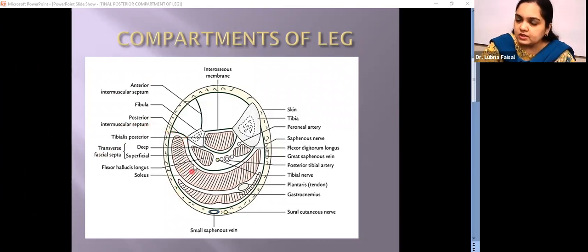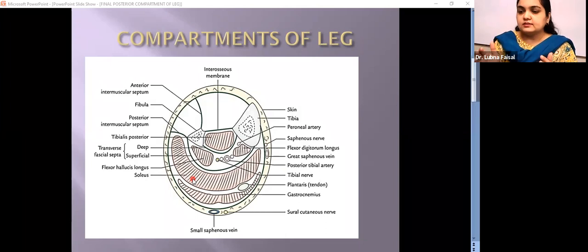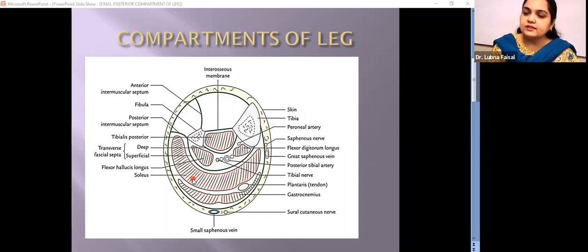The whole posterior compartment is further subdivided into superficial and deep groups by the help of another septa, called the transverse intermuscular septa, that is present in the posterior compartment.